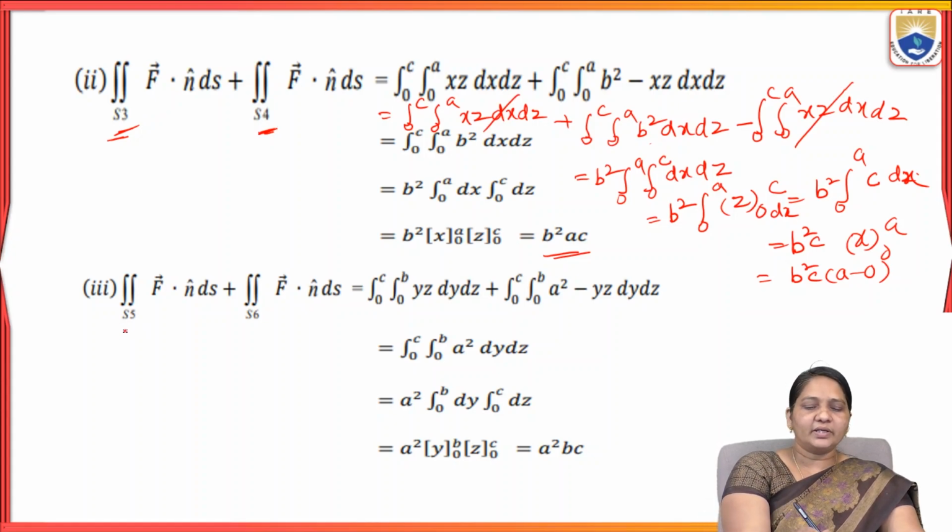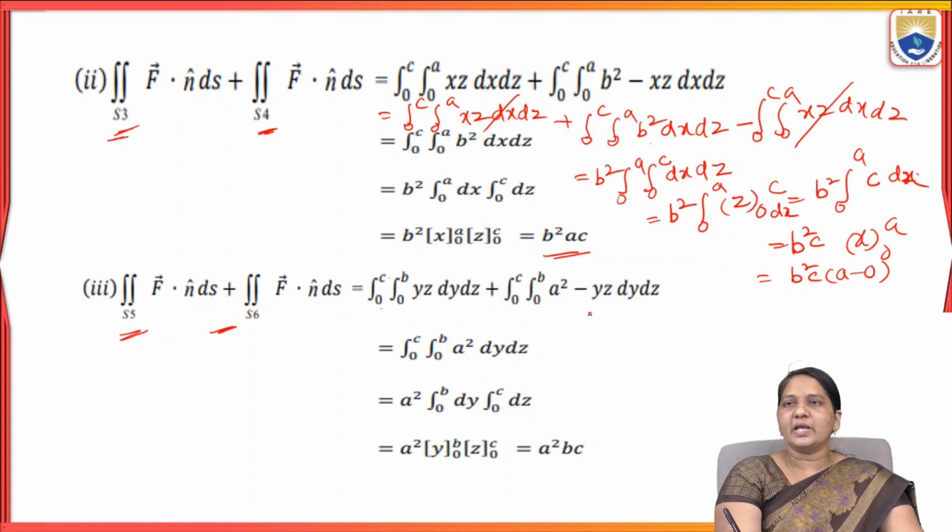Now we are calculating surface 5 and surface 6. So for surface 5, integral 0 to c, integral 0 to b, yz dy dz, plus integral 0 to c, integral 0 to b, a square minus yz dy dz.